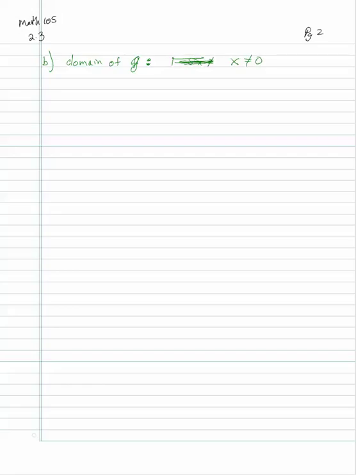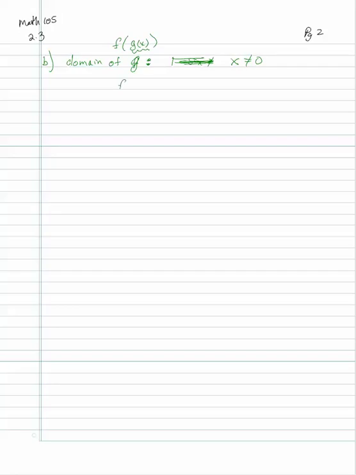So remember, when we're doing f composed with g of x, we're starting on the inside, so we got to look at the domain of g of x first, and then so we got to note that g of x, the domain of g is x cannot equal 0, so we got to consider that.